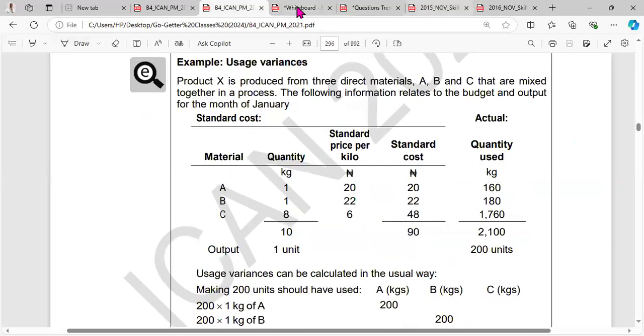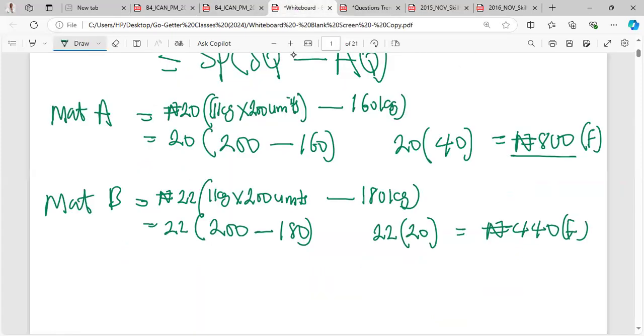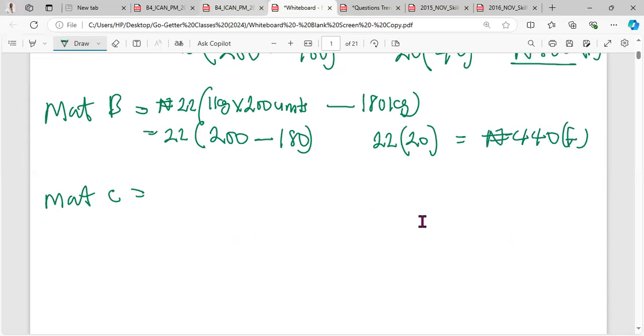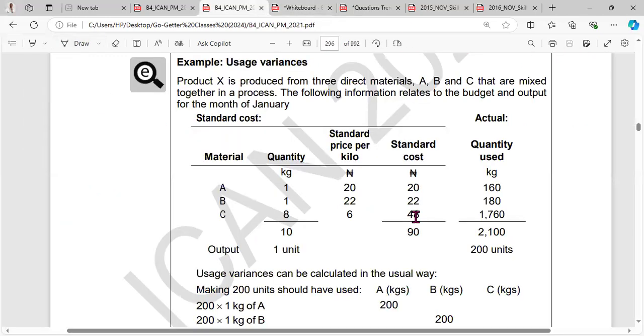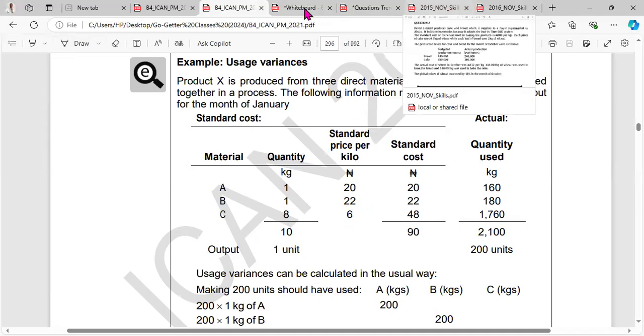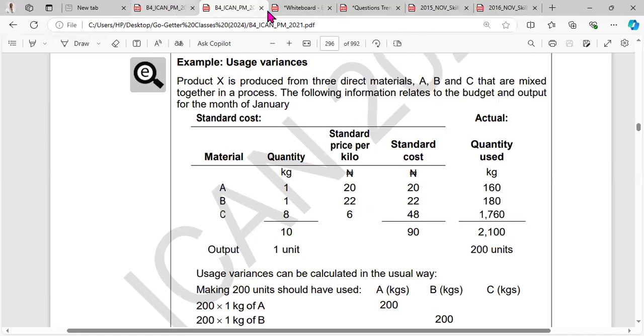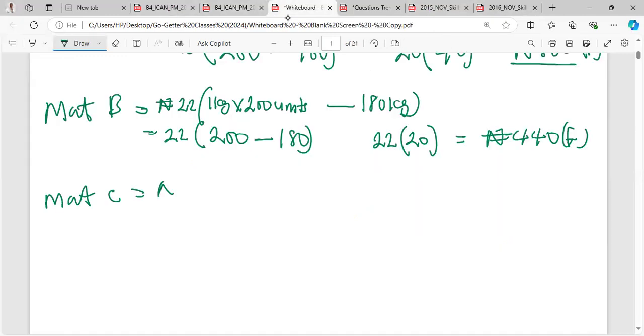Okay? Then material C. We have material C. What's the price? The price here is 6 naira per kg.